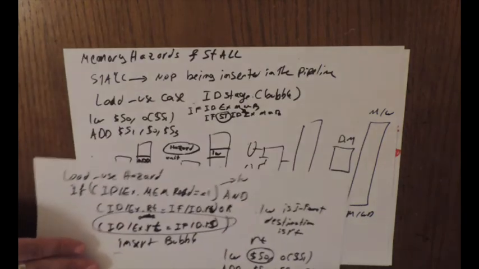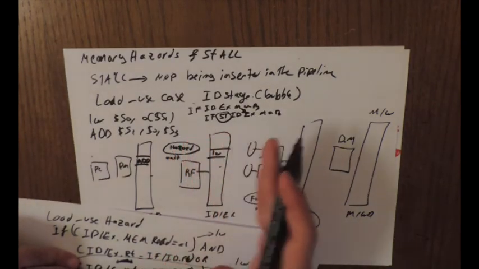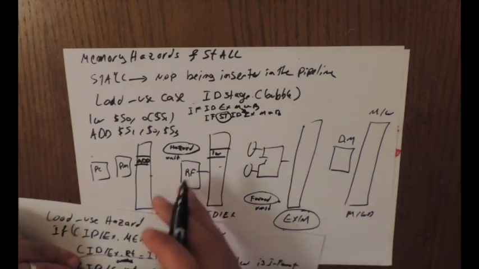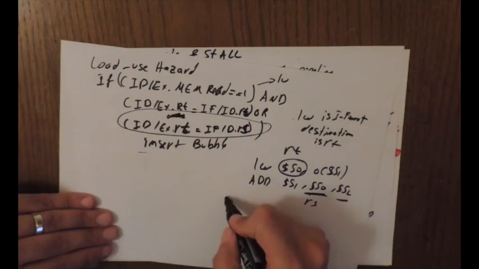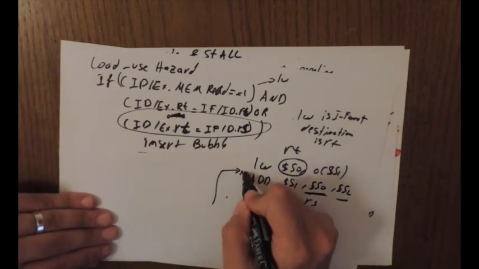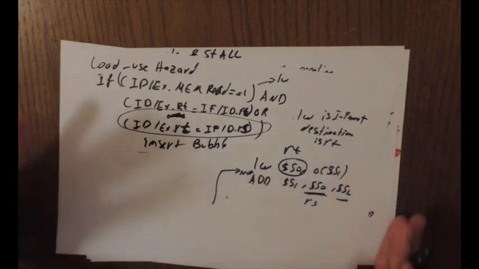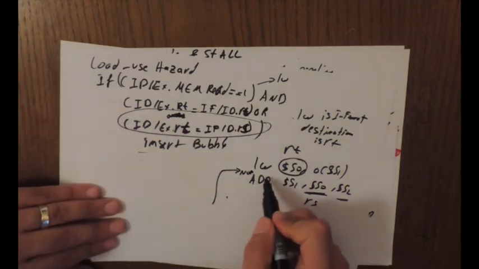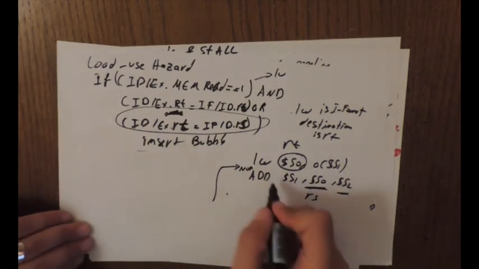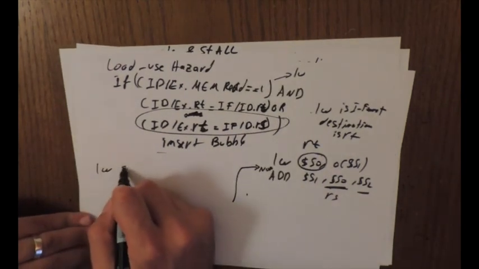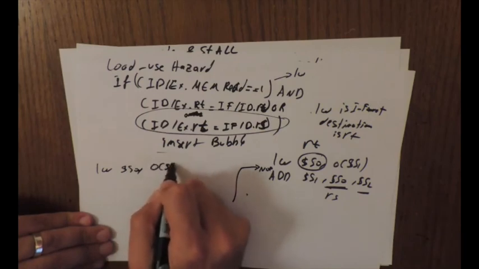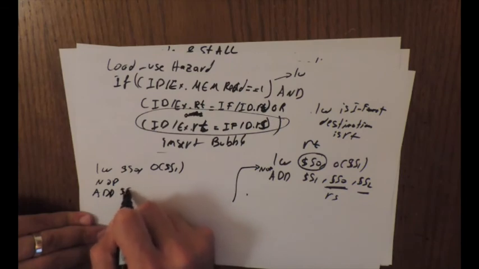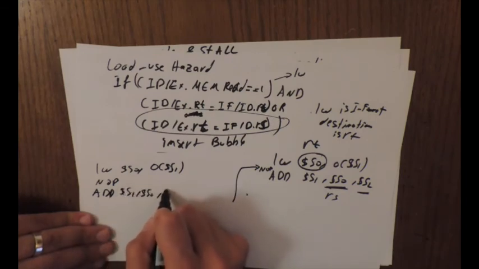What happens is that it will insert zeros, and these zeros will traverse the data path as the instruction is executing. So as if I insert a NOP between them so that to separate them a little bit. So inserting a bubble means inserting a no operation between those two instructions. So this transforms into the load, then I have a no operation, then I have an add $S1, $S0, $S2.